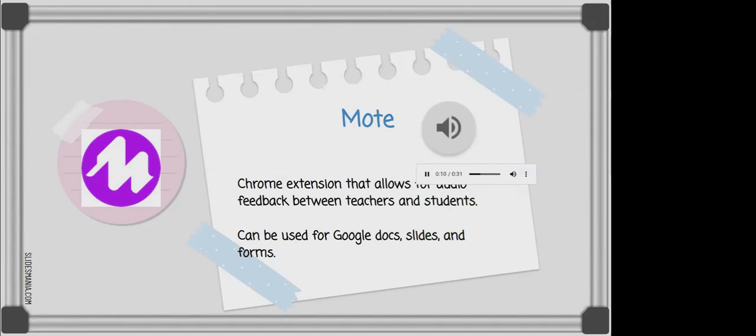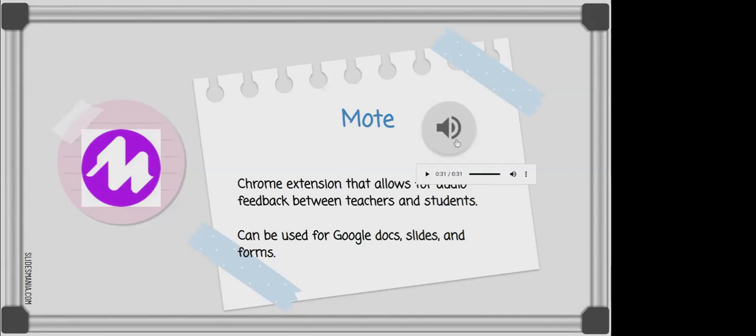It could be in Google Docs, Google Forms, Google Slides, and then the students can click on it and hear your voice. They can open their Mote extension and reply back to you using their voice, and you can just keep the dialogue going through voice.